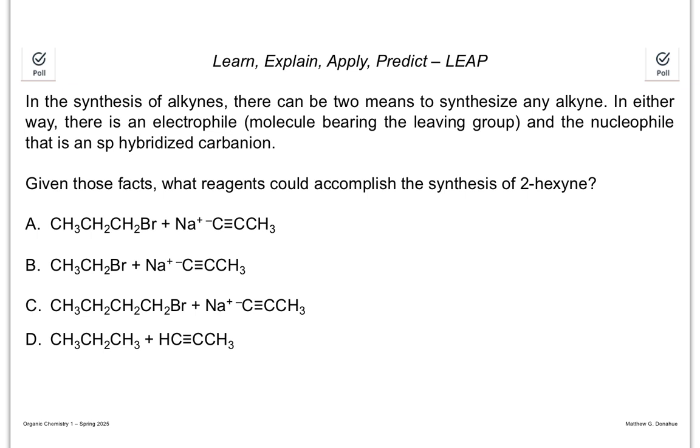In either way, there is an electrophile, the molecule bearing the leaving group, and the nucleophile is an sp hybridized carbanion. Given those facts, what reagents could accomplish the synthesis of 2-hexyne? The 2, again, is telling you the start of the triple bond on that chain.